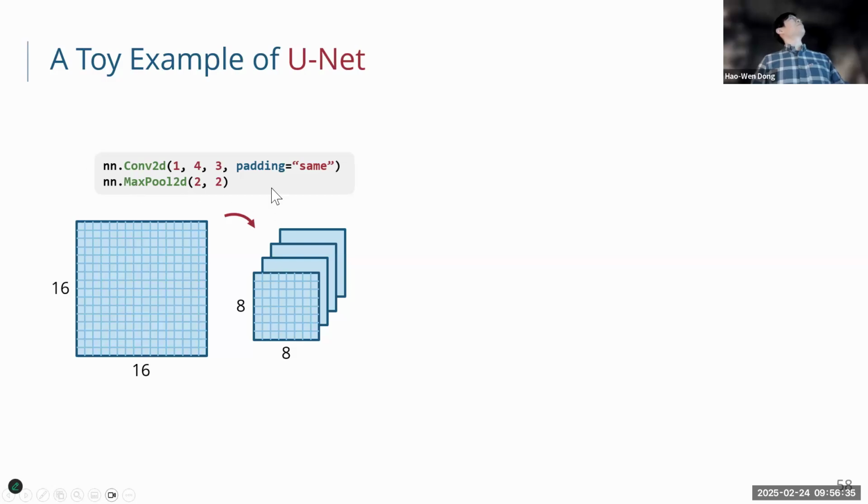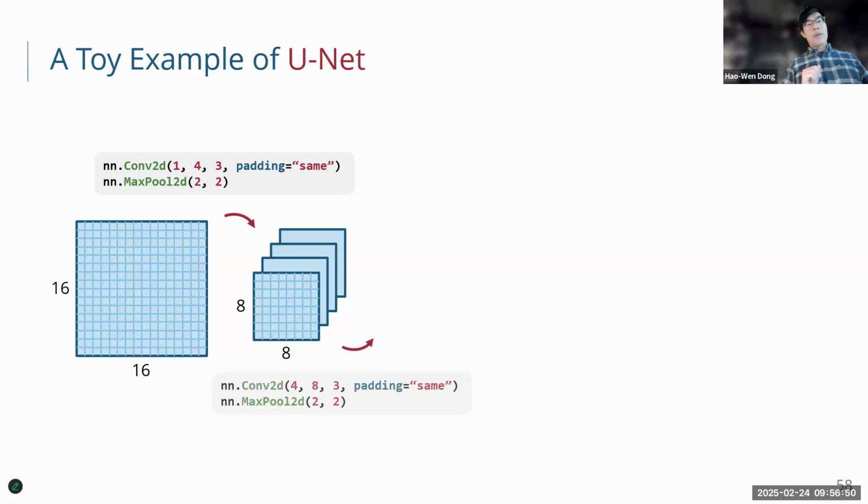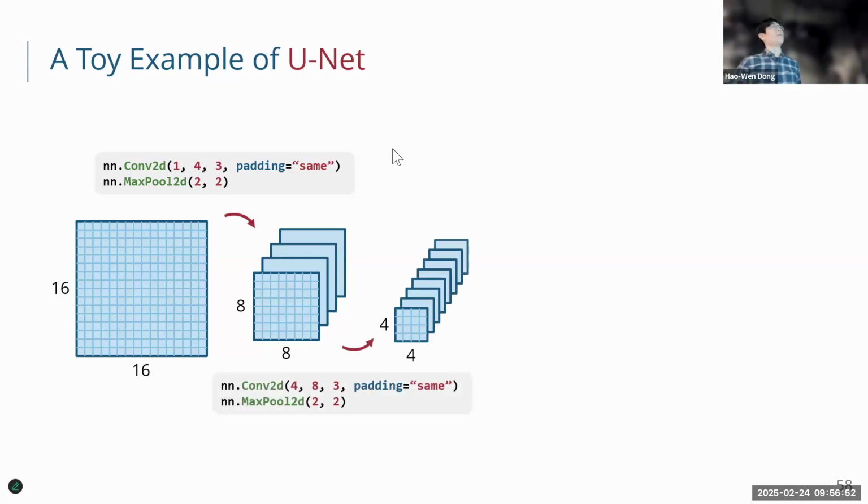Then you apply MaxPool2d to downsample it into 8 by 8. Once you do this pair, you shrink it to a lower resolution but increase the channels. You can apply it again, downsampling the size but increasing the channels.